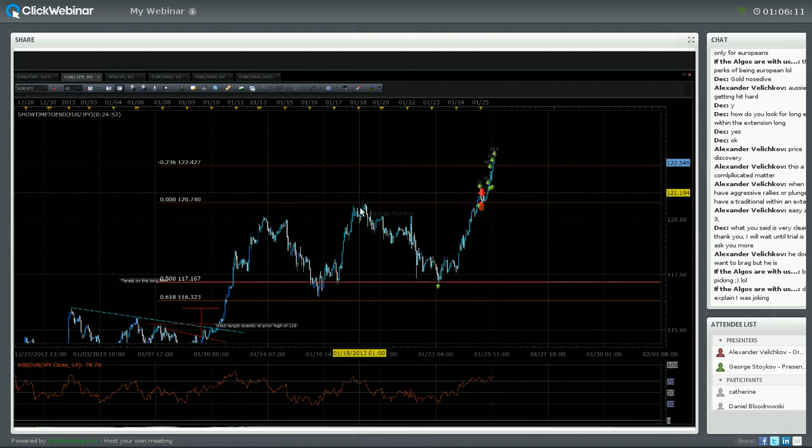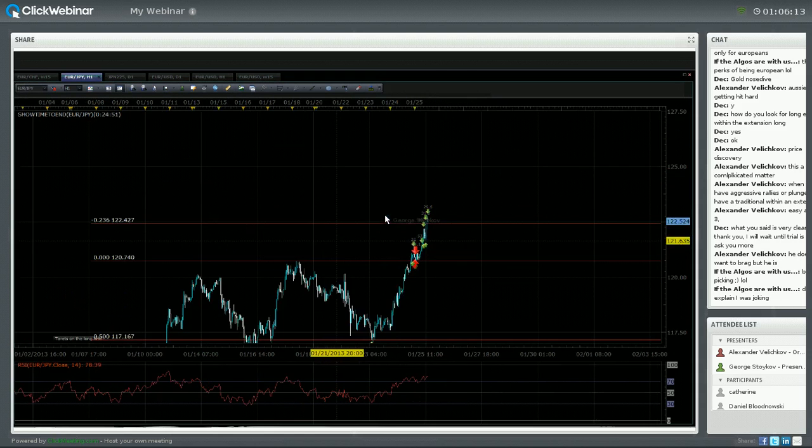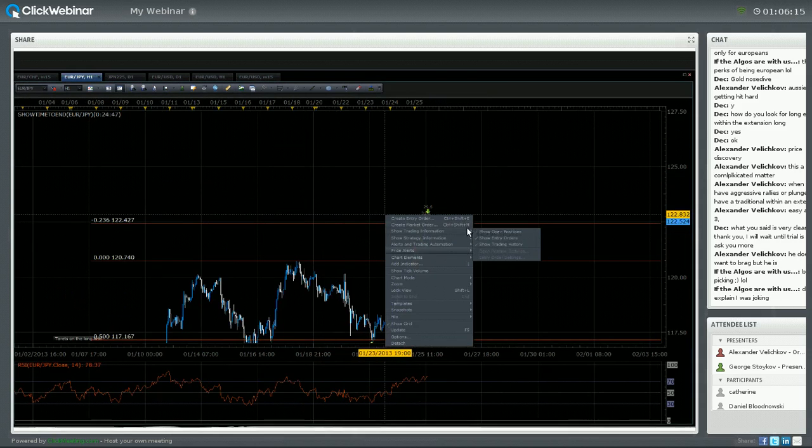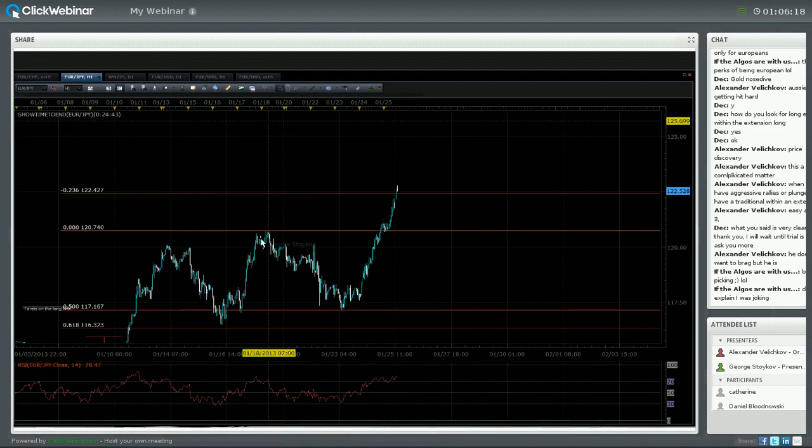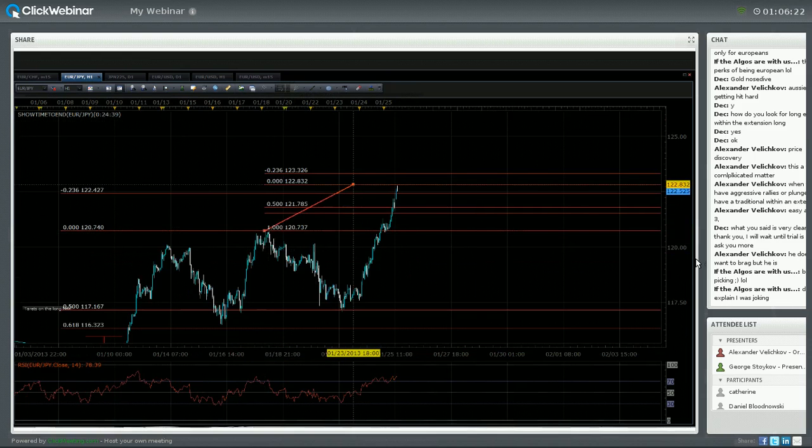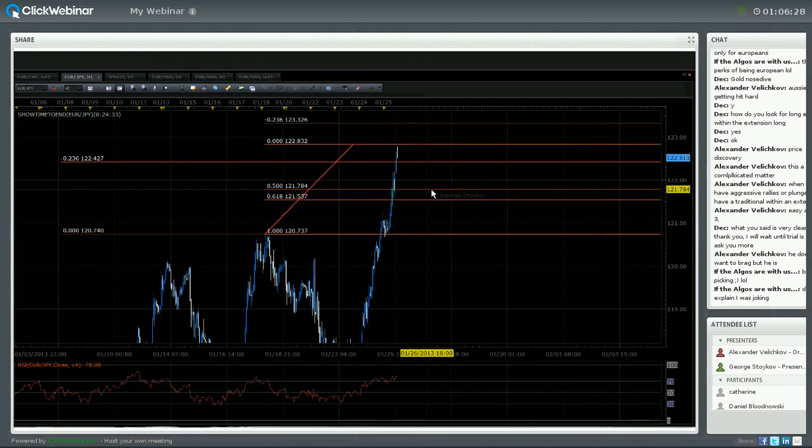Now we are slightly below 2 targets. Now I'm going to stop bragging and just close my trading history. Now we have the potential to start extensions. The valid extension is this one, Dek. This goes back to your question. So now we potentially could have a valid extension wonk drawn from 120.73, anchor 120.73.